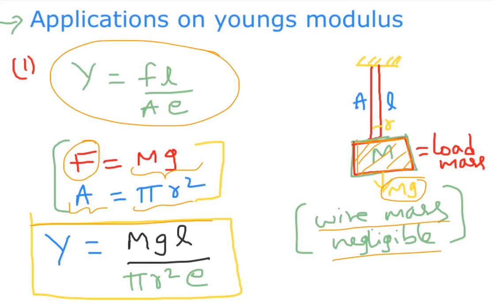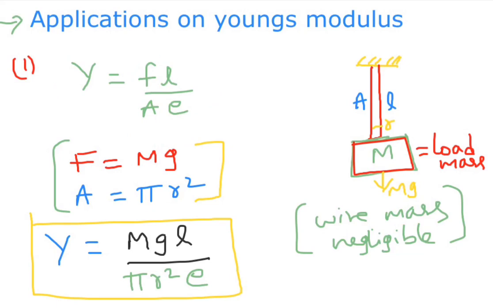So in place of F, I substituted mg, and in place of A, I substituted pi r square. Finally Y equals mgl by pi r square e. So Young's modulus is FL by AE, with F equal to mg and A equal to pi r square, giving Y equal to mgl by pi r square e. This is the first basic application.